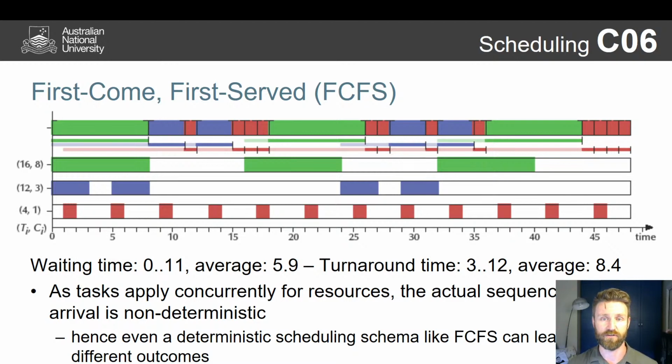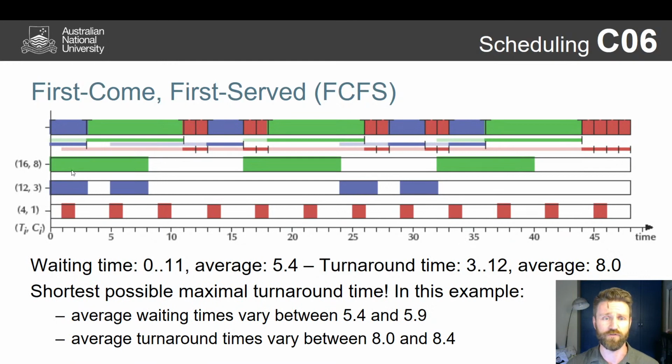So in this case, we've shown these two processes, green and blue, as arriving at the same time. But you can imagine one of them must have been first in a concurrent system. And so if you just switch it around, you get a very different result in terms of scheduling. So we get a different average turnaround time as well.